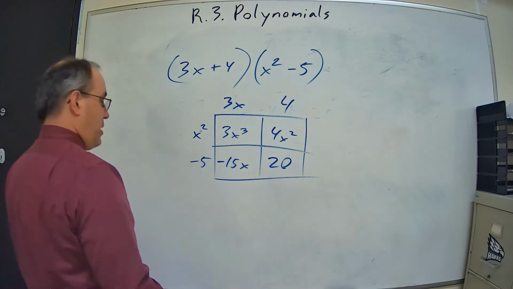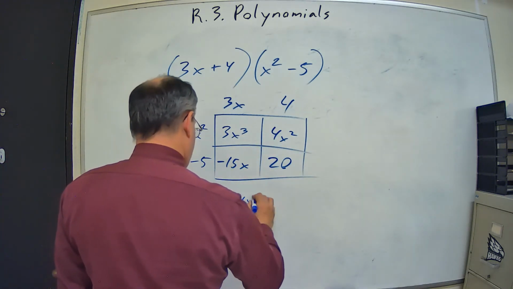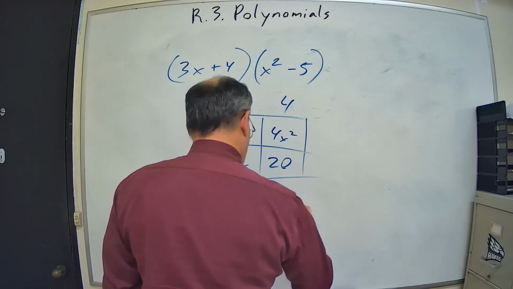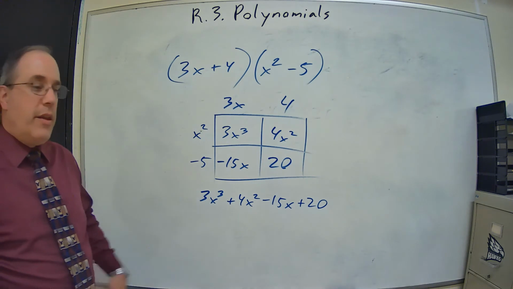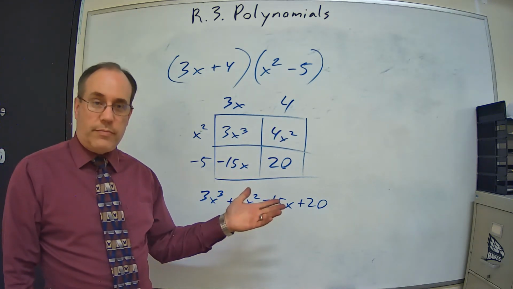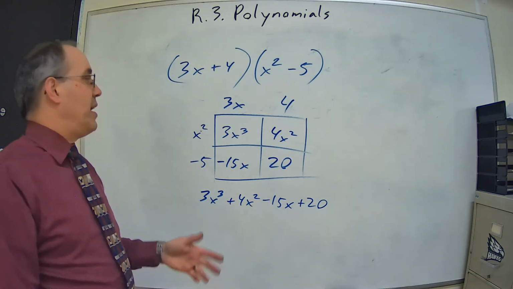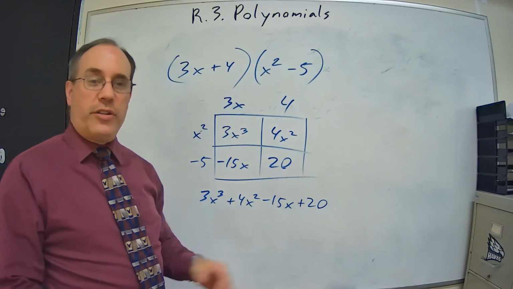No like terms in this. So I get 3x cubed plus 4x squared minus 15x minus 20. And the nice thing about this is that it's expandable. So if I had a trinomial, I would just have an additional column or additional row.